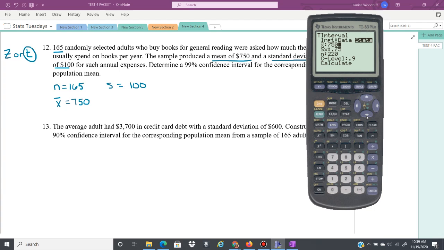So 750 for our X bar, sample standard deviation is 100, sample size 165, and now we are doing a 99% confidence interval. So that is going to give us 729.71, 770.29.